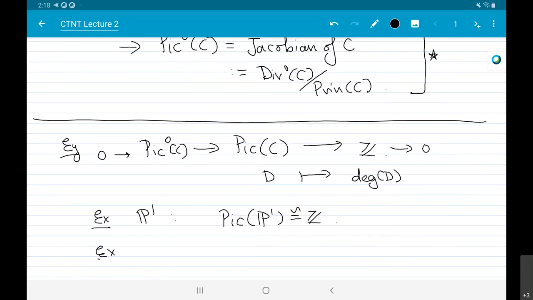The second one is in the exercises, and it walks you through how to do this problem: the Jacobian of E is isomorphic to E, where E is an elliptic curve.